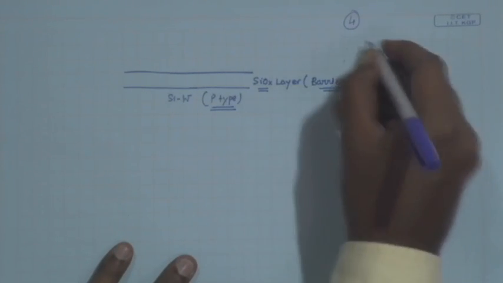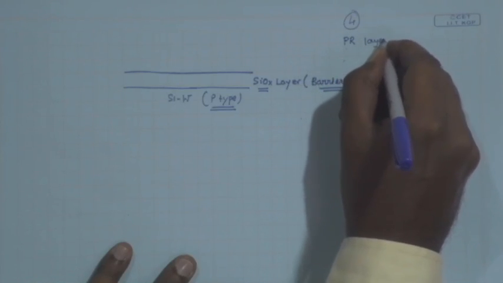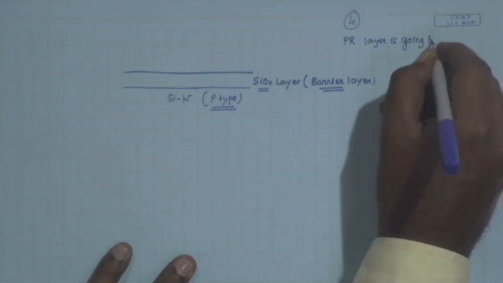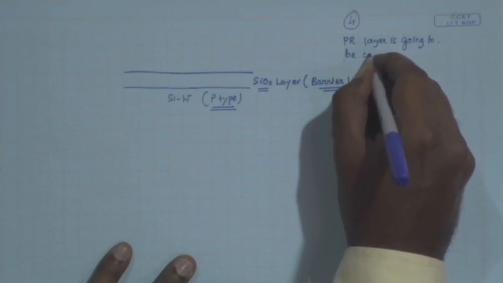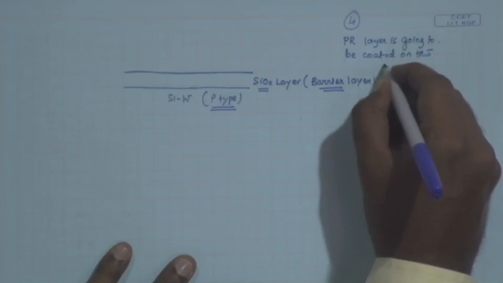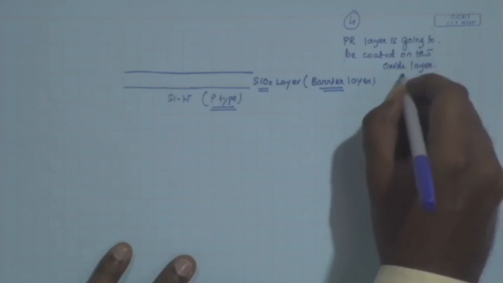What is going to come up is the PR layer, the photoresist layer, which is going to be coated on this oxide layer.